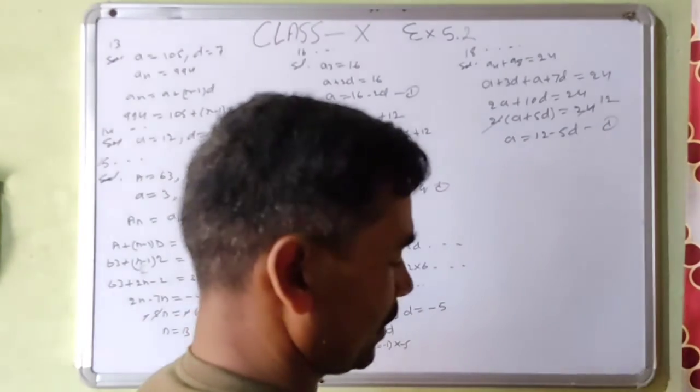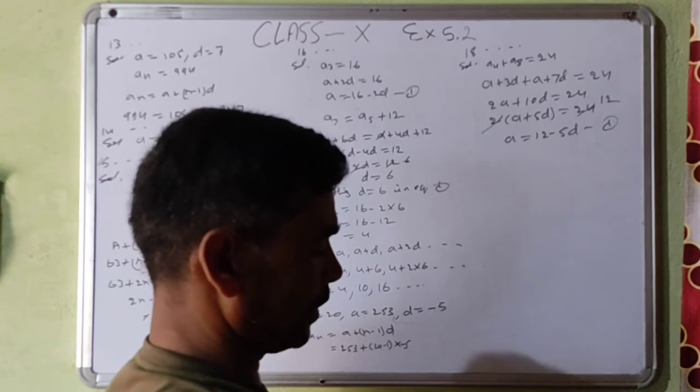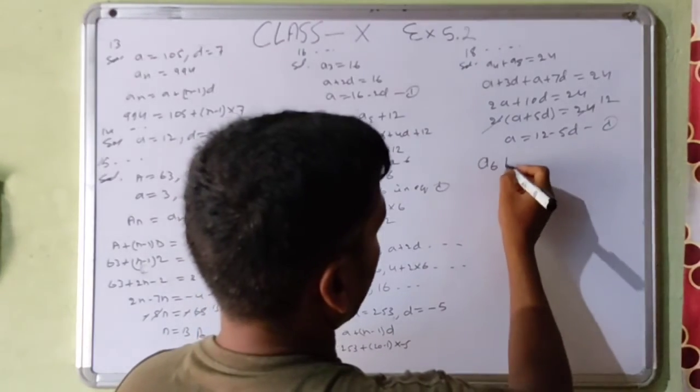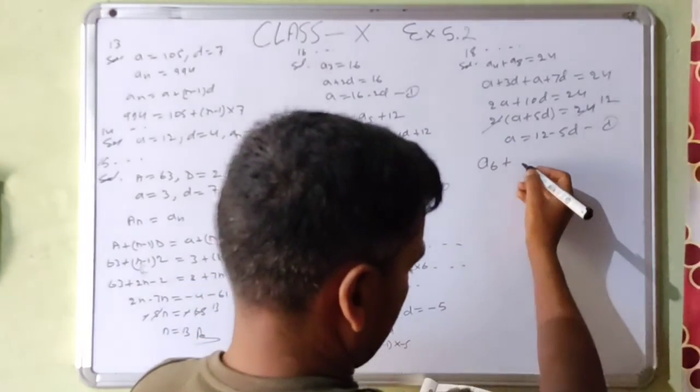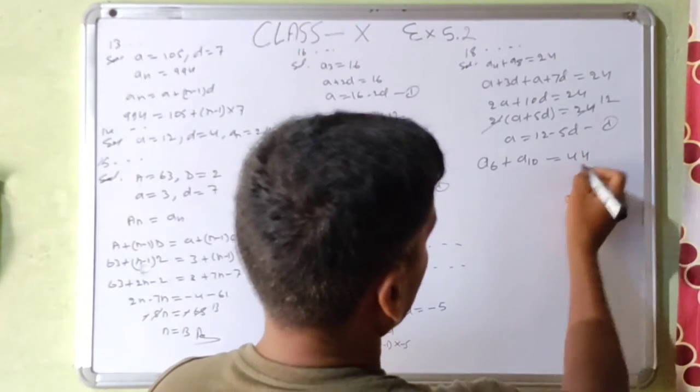And then the 6th term and 10th term, A6 plus A10, is equal to 44.